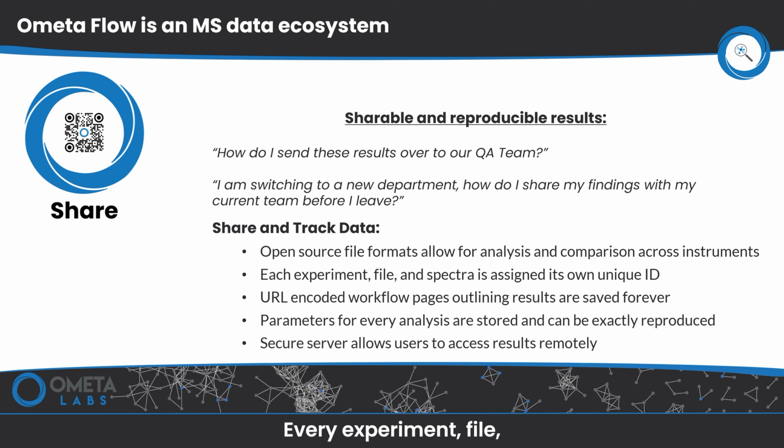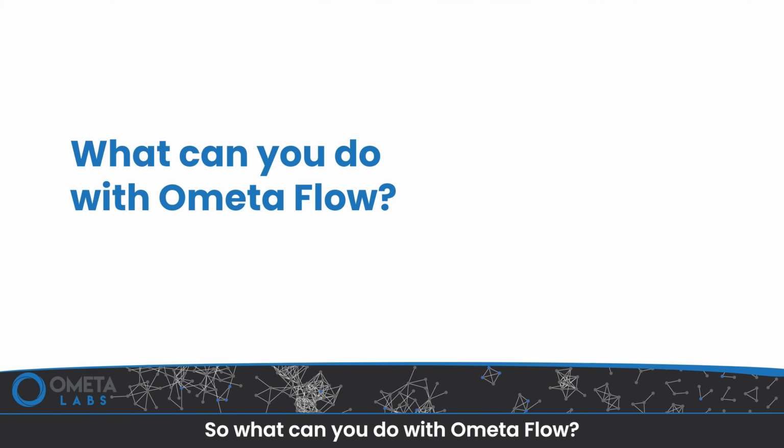Every experiment, file, and individual spectra within Ometa Flow is assigned its own unique ID, and each analysis task has a unique permanent URL that can be easily shared within an organization. Parameters for every analysis are reported and can be exactly reproduced using a single click. And finally, all data and analyses are stored on a central server, which allows users to securely access results from anywhere.